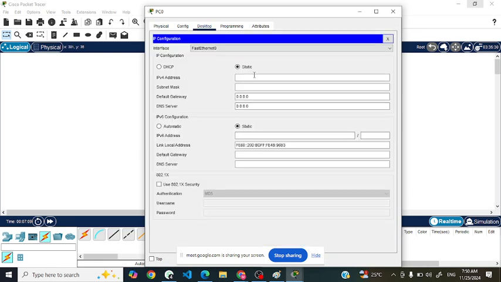Venkat, if I am using 10.0.0.0/30, what will be the subnet mask? 255.255.255.252, right.